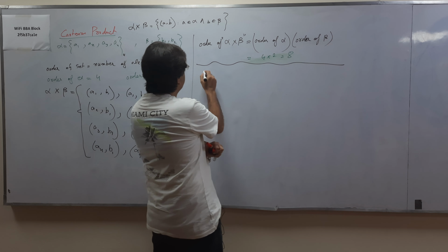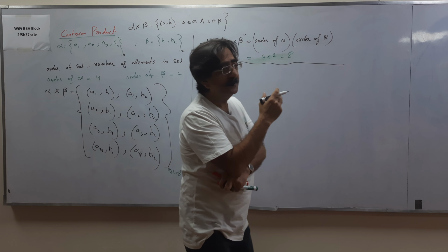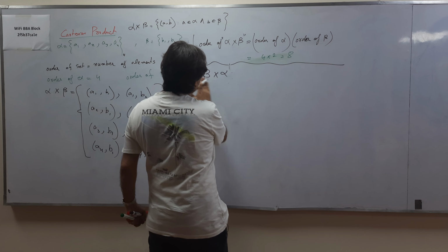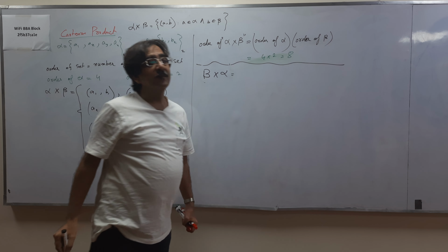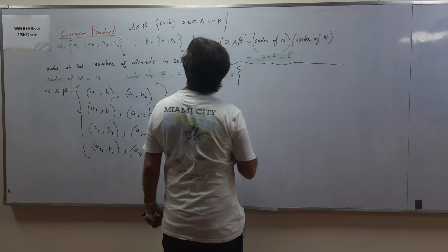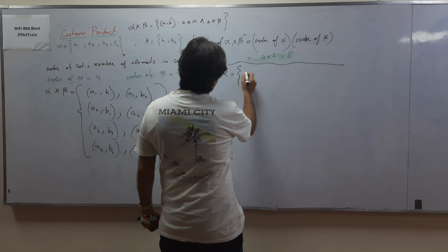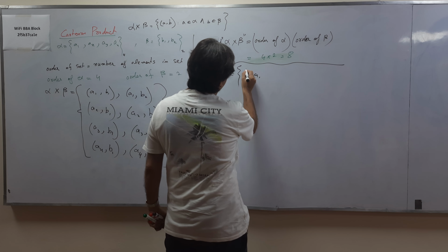But what is beta cross alpha? The order will remain the same. Okay. Yes, what are the elements of beta cross alpha? Umar? B1, A1, yes.